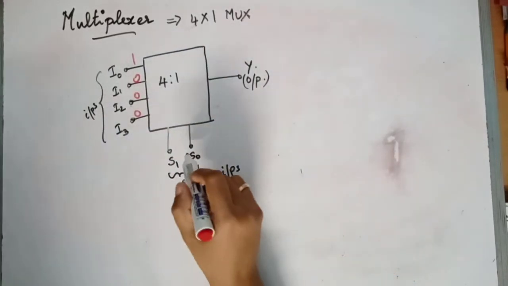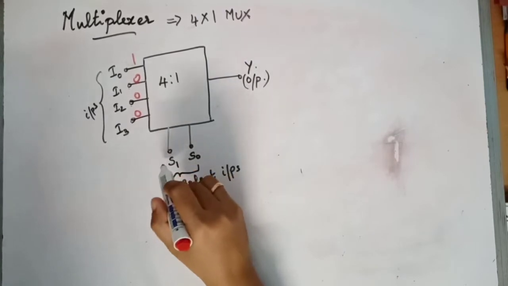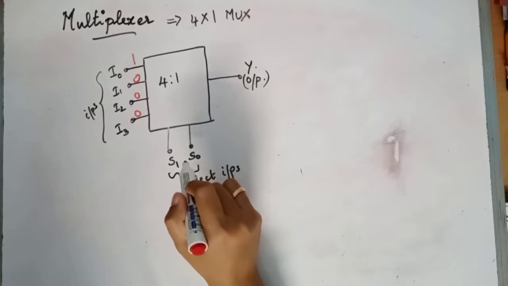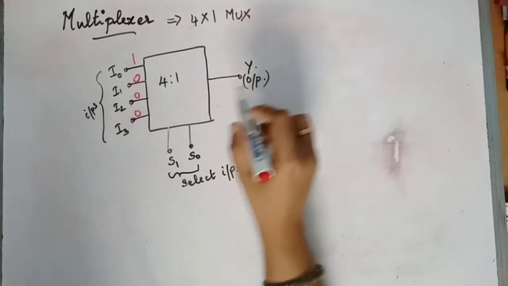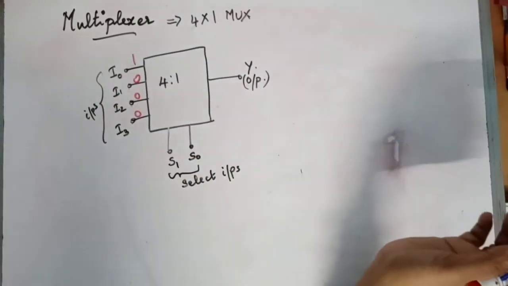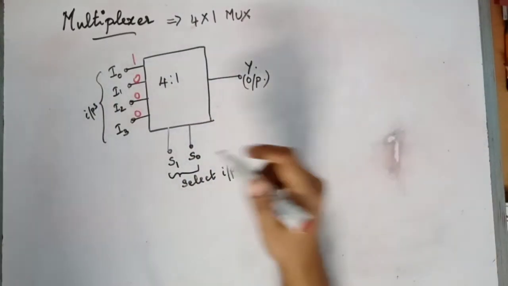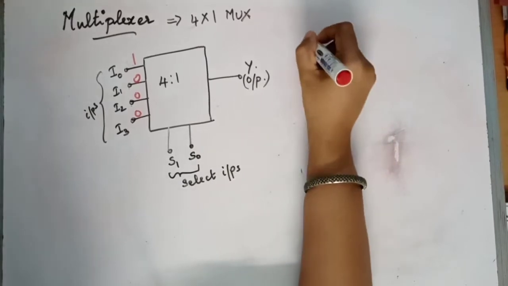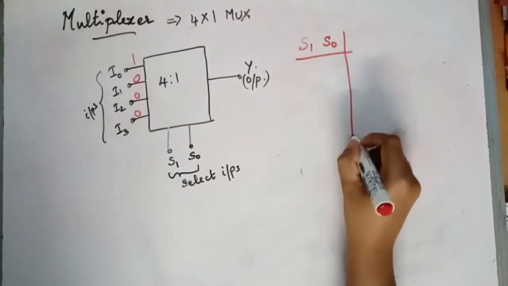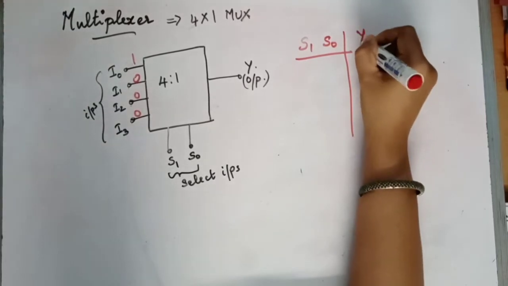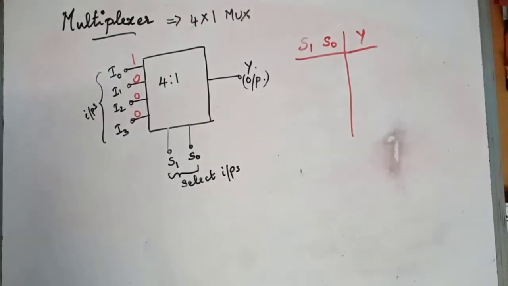Now what I am going to do is change the values of S1 and S0 and see what Y will be if my inputs are these. So what do I do? S1, S0, these are my select inputs, and I am going to check what is Y.